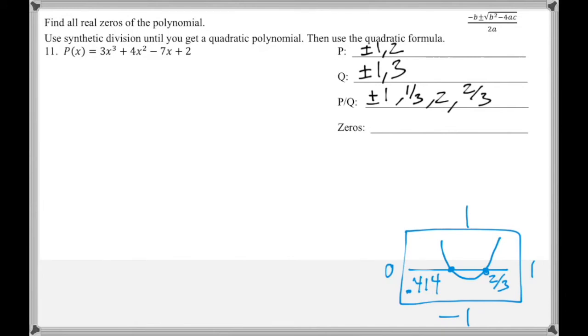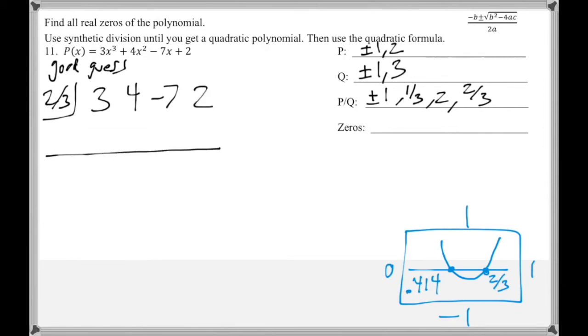And I'm going to start with 2/3 as my guess. So my guess is going to be 2/3. And we have 3, 4, negative 7, and 2. And 3, bring it down, 3 times 2/3 is 2.